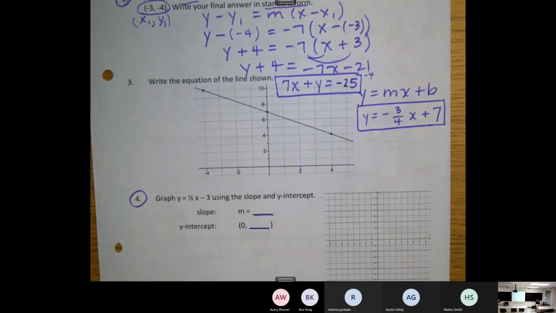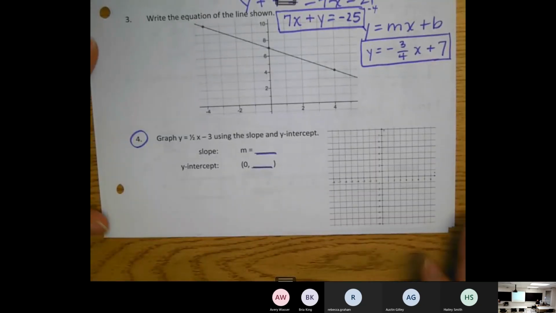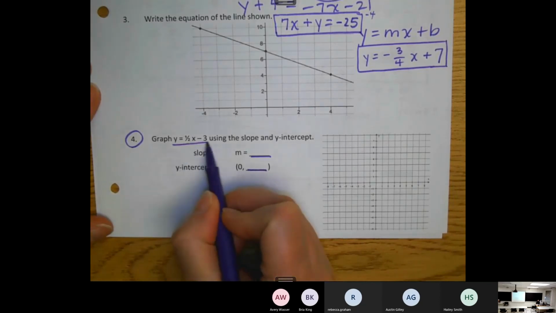Okay, why don't you move on down to number 4 if you haven't already. Try making that quick graph. Try using our shortcut to graph y equals 1/2 x minus 3.